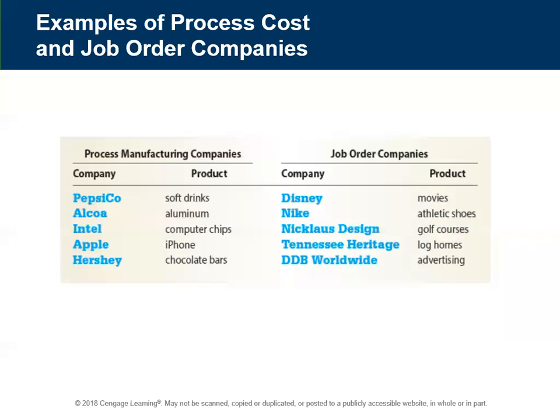Job order companies, like Disney with movies, Nike with shoes, Nicholas Design golf courses, log homes, advertising, are more built to order, custom, made for a specific client, or we have multiple that we use. Those are going to follow job order costing.